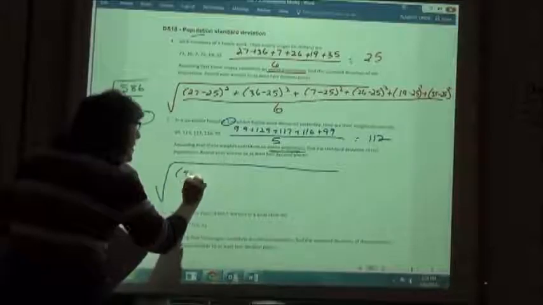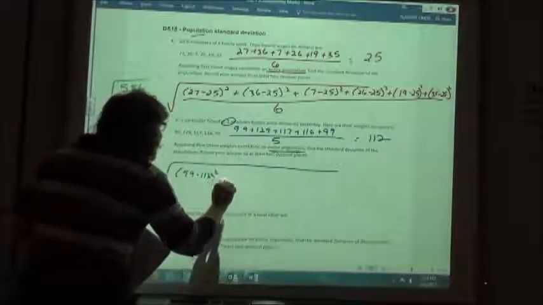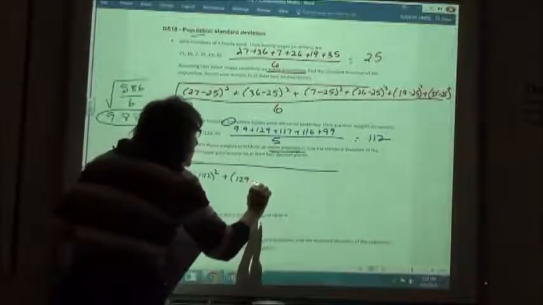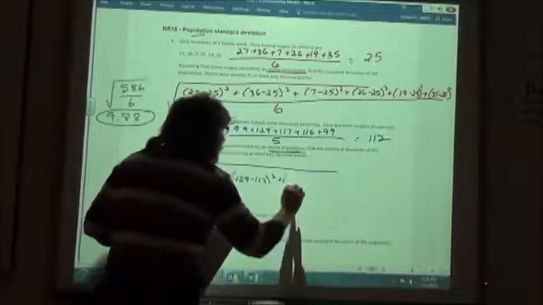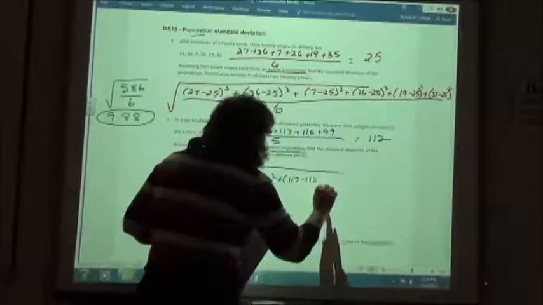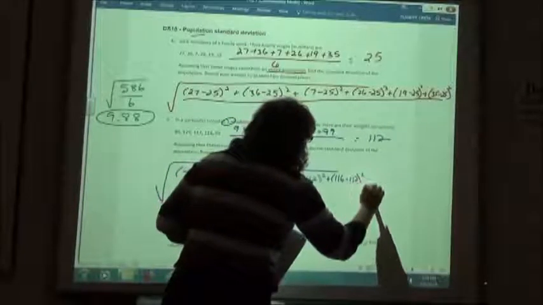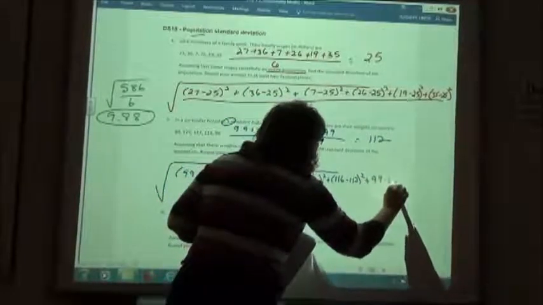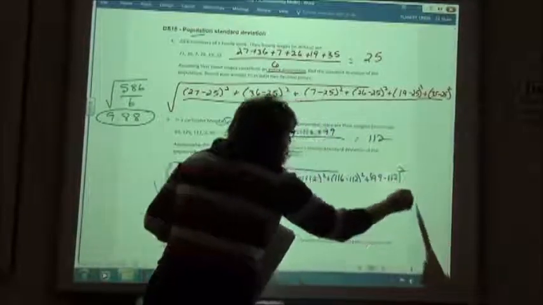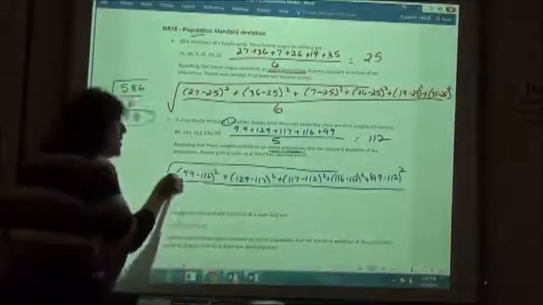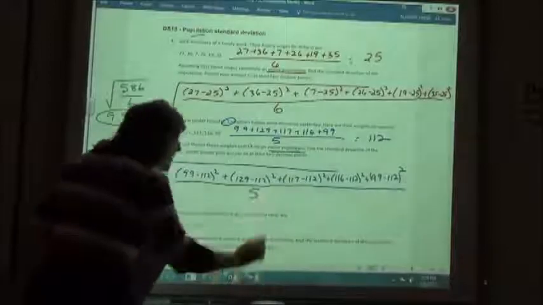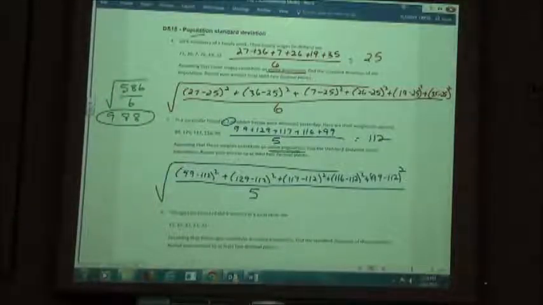So 99 minus 112 squared plus 129 minus 112 squared plus 117 minus 112 squared plus 116 minus 112 squared plus 99 minus 112 squared. And on the bottom of that fraction is going to be the number 5, the number of items on our list.